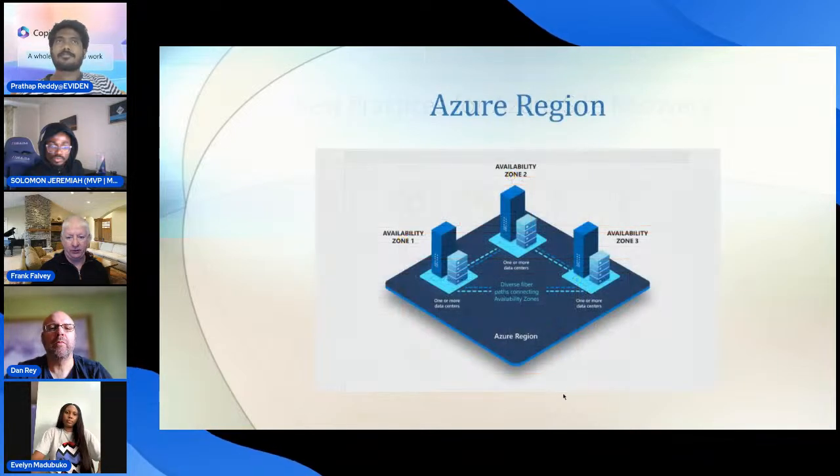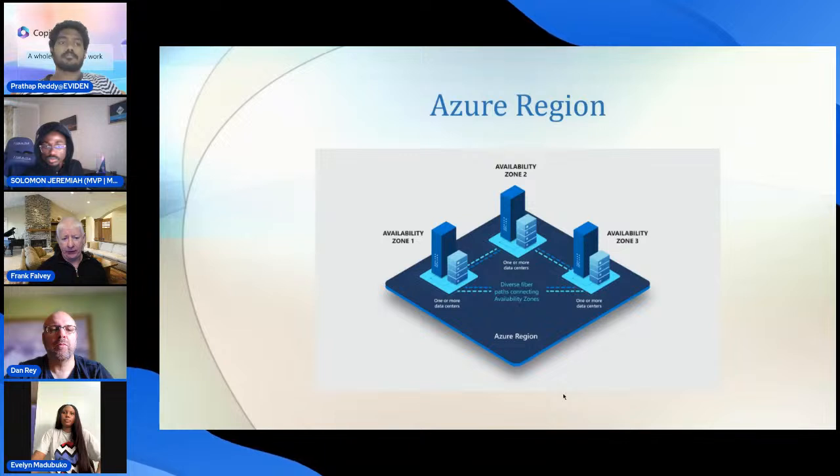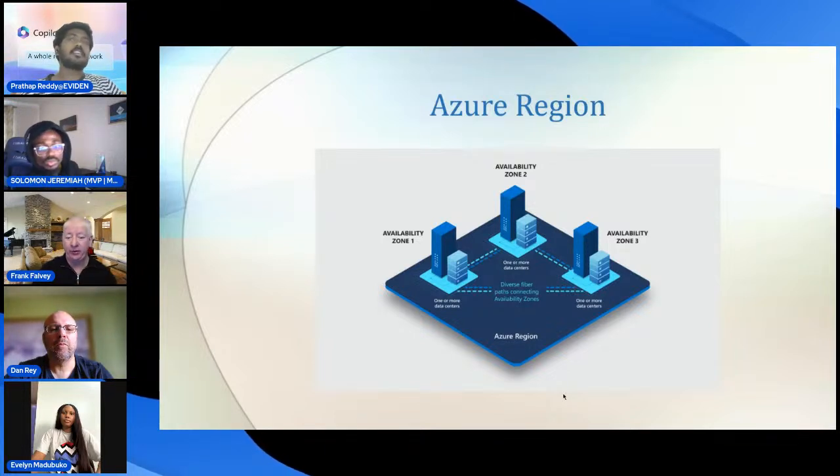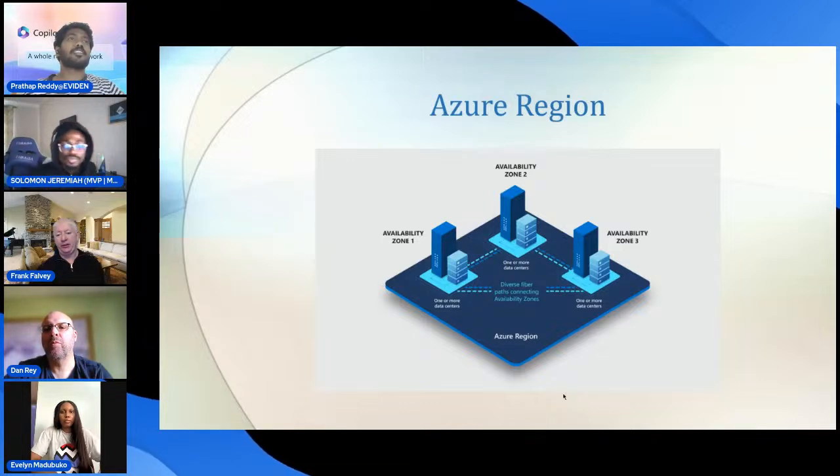Okay, moving on to the Azure regions. I'm in Ireland, and Dublin is where our region is. They have one data center in the north of Dublin, the next one in the west of Dublin, and the other one in the south.